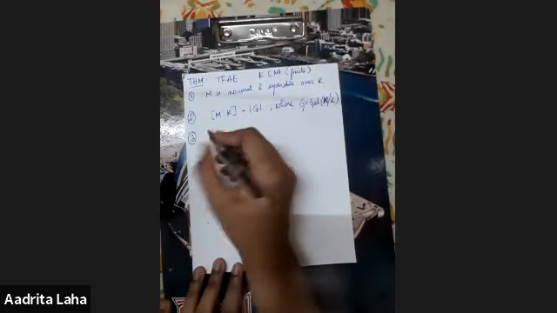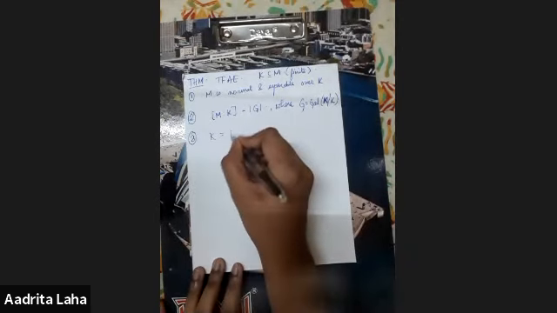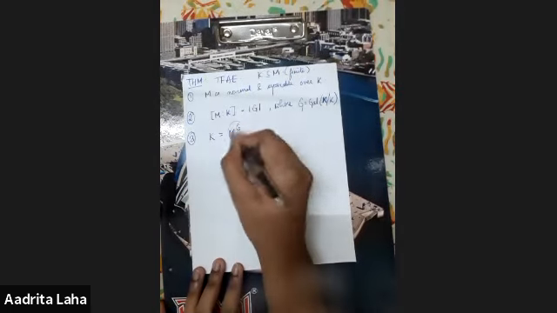Third, we have K equal to M to the G. Now, what does this mean?